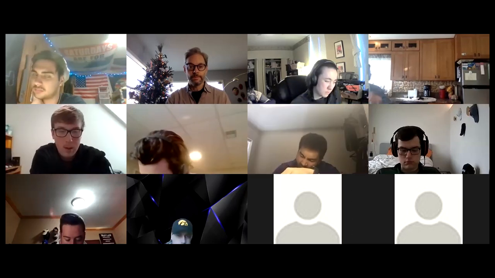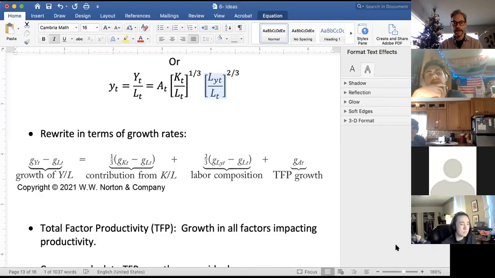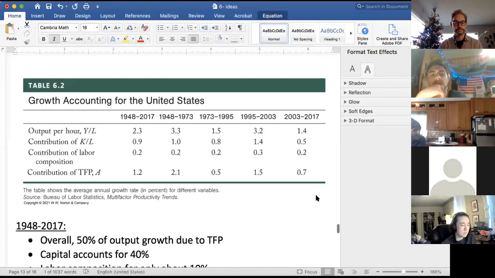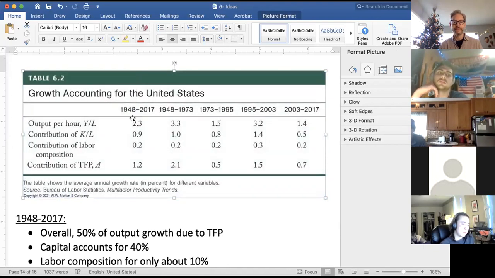So let me show you some data in which we actually do this, right? So this is table 6.2 from your book, and this is looking at growth accounting for the United States, okay? Let's look at this first column here for the entire period of 1948 to 2017. What was the growth in output per hour, right? Here, instead of using it as per person, they've actually done it per hour, but it's a very similar idea.